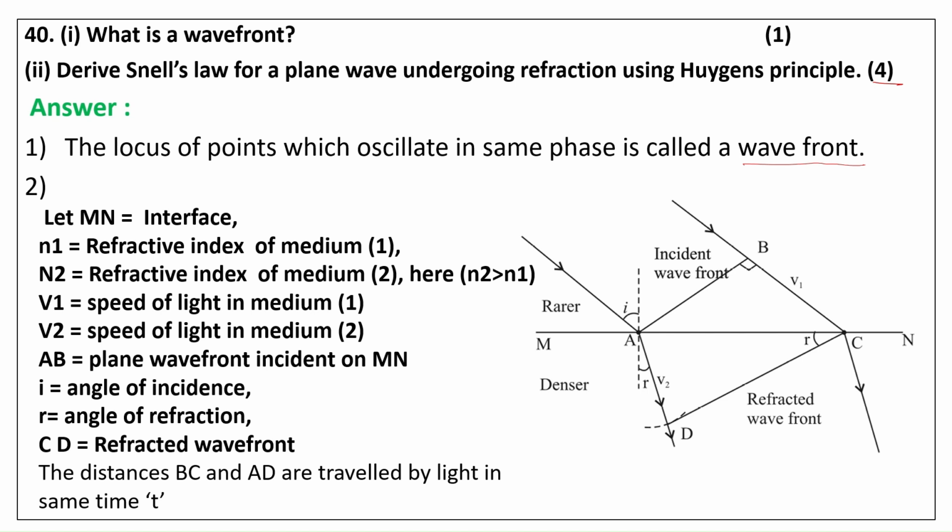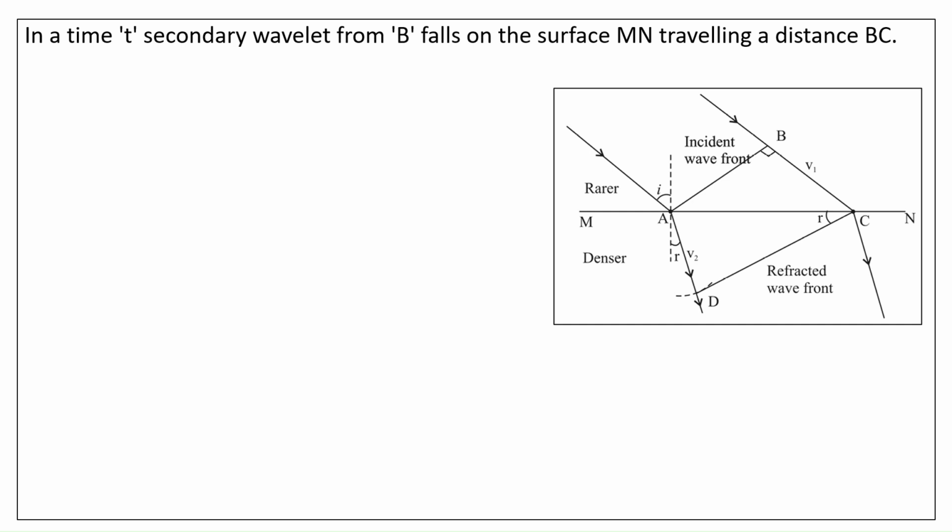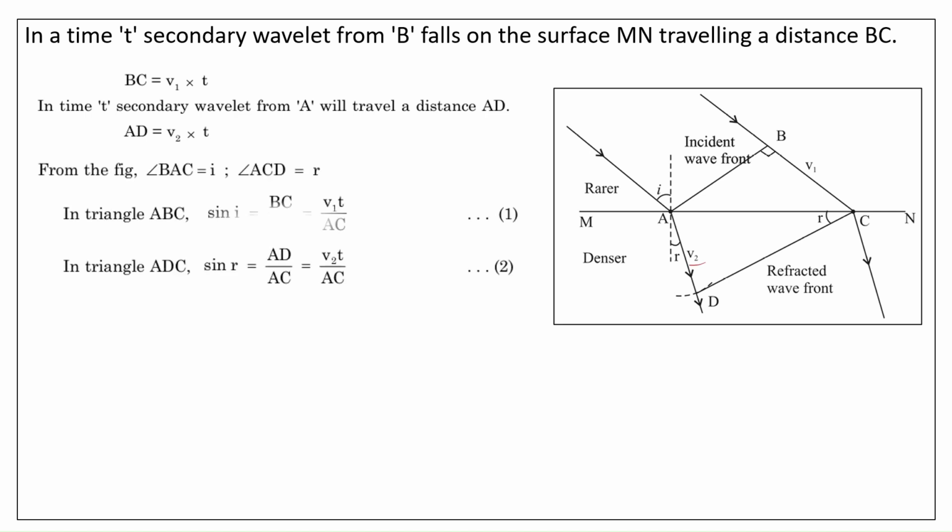The distances BC and AD are traveled by light in the same time, t. In time t, the secondary wavelet from B falls on the surface MN traveling a distance BC. Therefore, BC is equal to V1 into t. In time t, the secondary wavelet from A will travel a distance AD. Therefore, AD is equal to V2 into t.